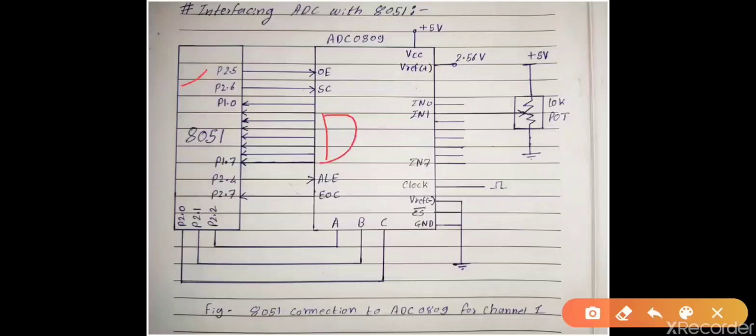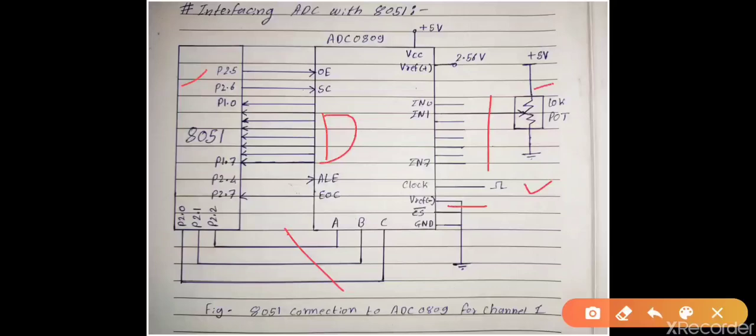Port 2.4 is given to ALE, port 2.7 is connected to EOC. As you can see, these A, B, C pins are connected to port 2.0 to port 2.2. Here you can see V reference negative is grounded, clock pulse is given, and channel 1, IN1, is selected to give analog voltage.